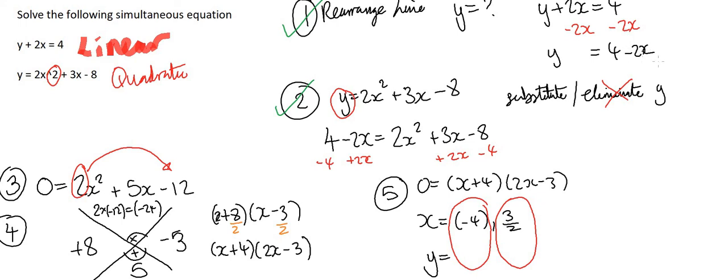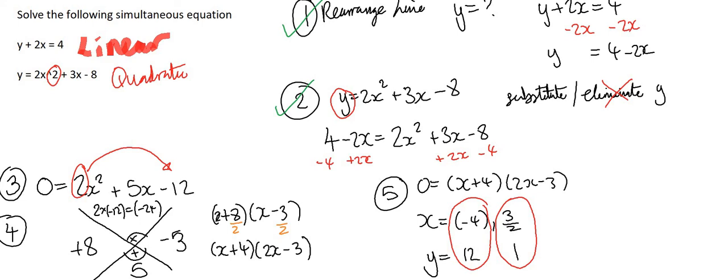I'm subtracting a negative, so that's going to be 12. When x is 3 over 2, 1.5, 4 minus 2 lots of that, which is 4 minus 3, y is going to be 1. So now we have our 2 points where these two are going to be solutions.